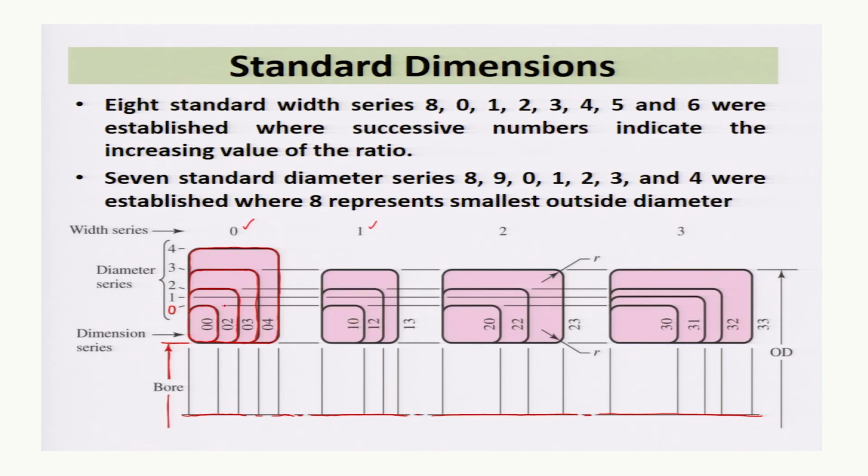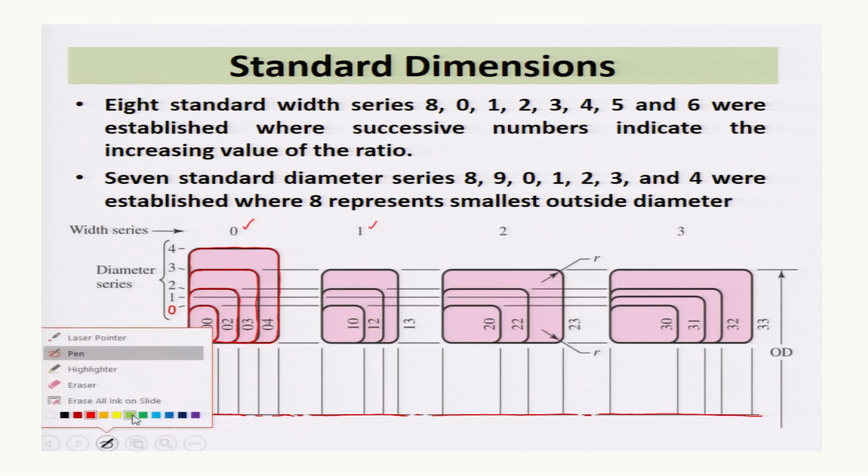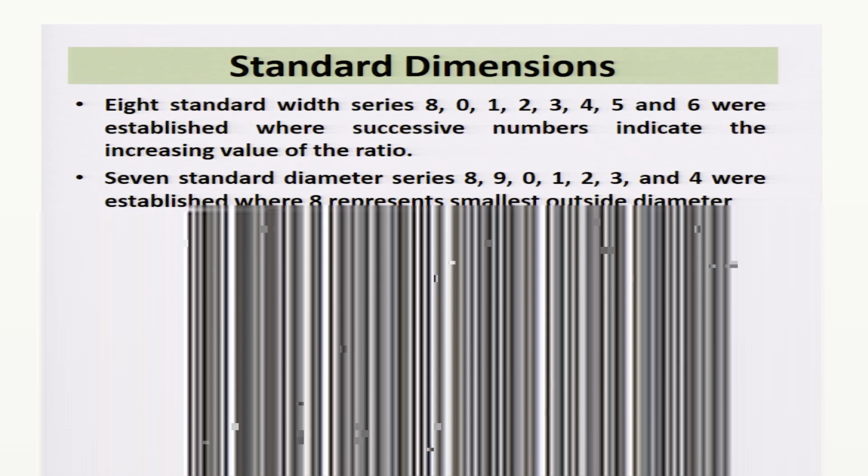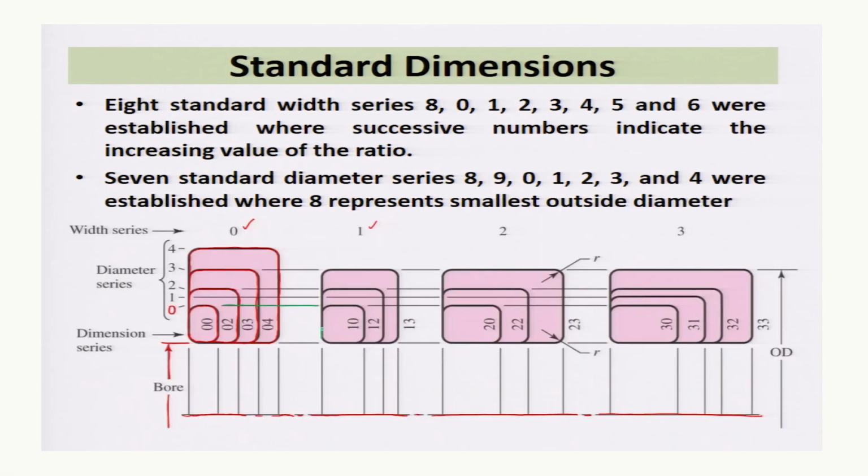So, the outside diameter will remain the same as for the case of this one, but the width has increased because the width series is now 1. Compare 0 0 and 1 0, and 0 2 and 1 2, where the diameter series is the same.